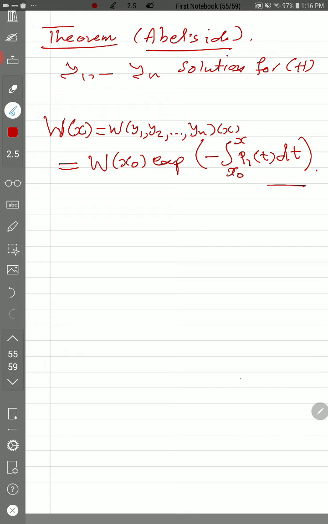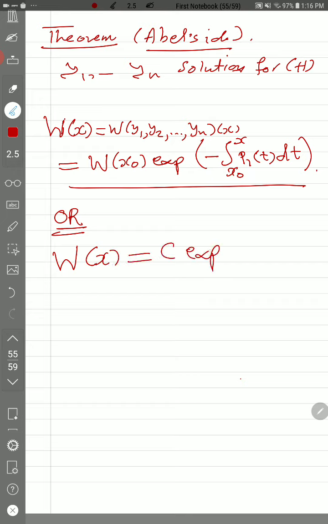This is the formula if you use limits, or you can use a very easy formula as we did in the second order: W of x equals c times exponential of minus the integral of p1 of x, without the limits. And if you go back to the last page, p1 is the coefficient of y^(n-1). Okay, so this finishes what we need here.